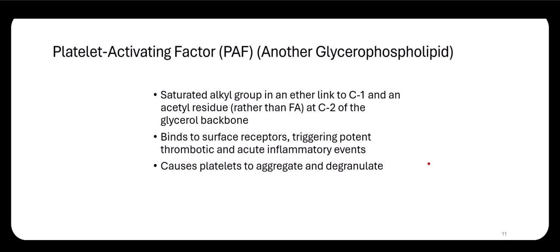One of the ones we talked about is platelet activating factor. And again, we talked about the structural difference. But this molecule binds to surface receptors, triggering thrombotic events, inflammatory responses, things like that, causing platelets to aggregate and degranulate.